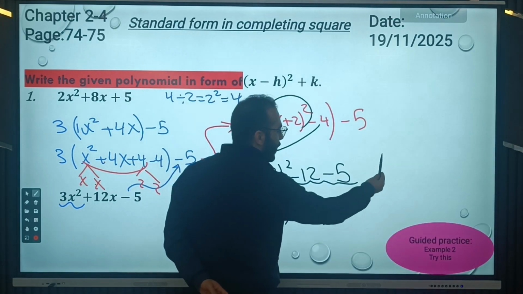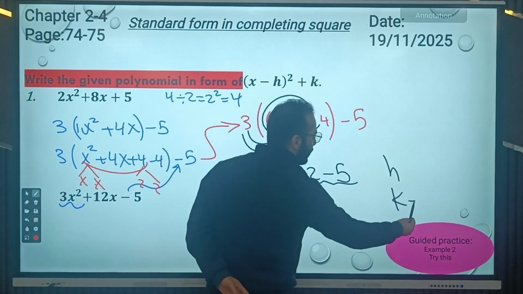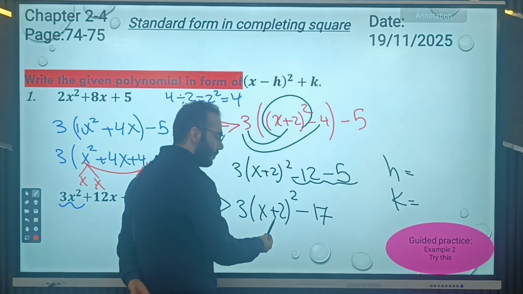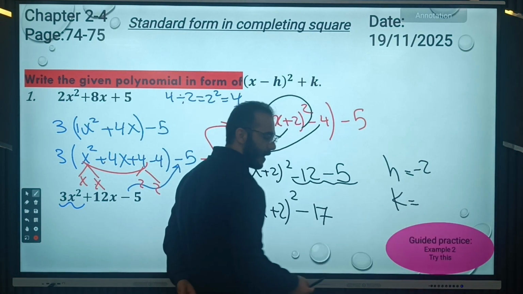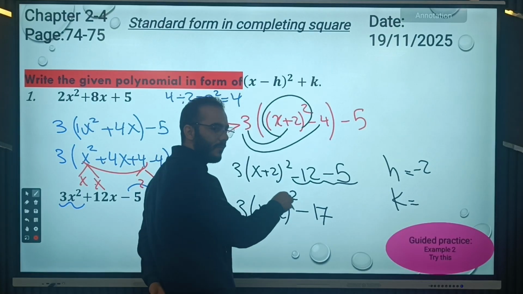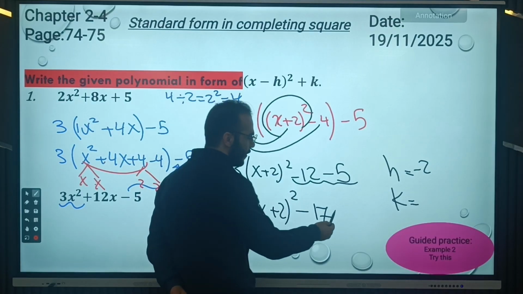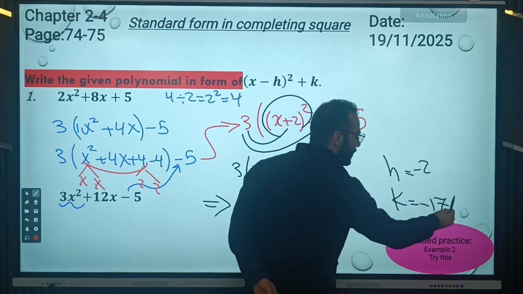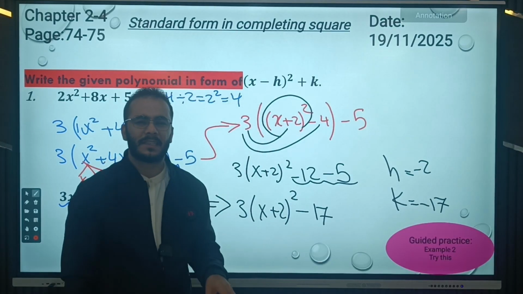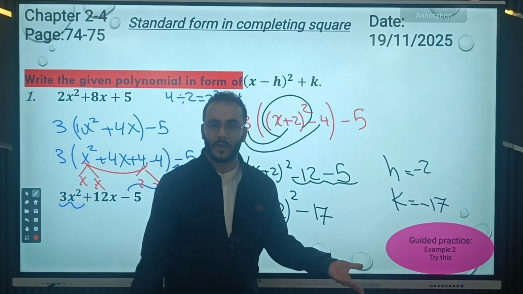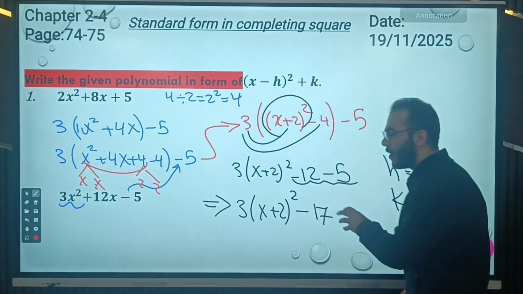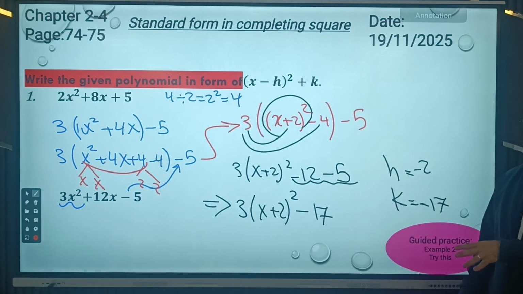In case I ask you what is h and what is k, h is the opposite of inside, which is negative 2, and k is exactly the same thing outside, which is negative 17. In case I ask you to graph this question, don't say it's a difficult question. No, it's not. Actually, this vertex form makes the graphing easier.